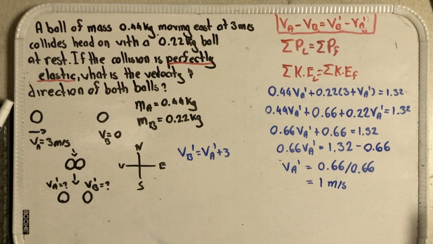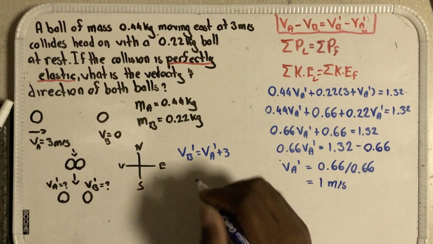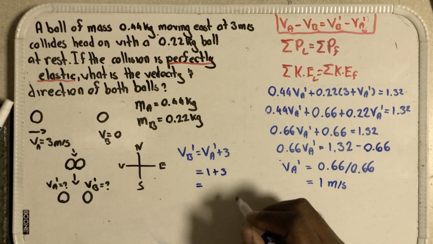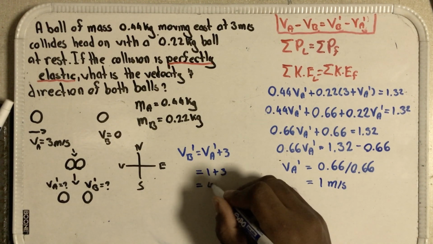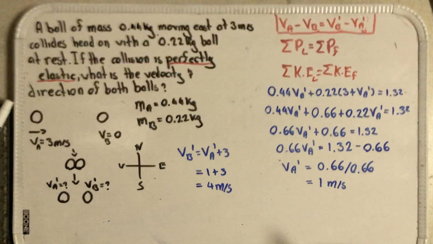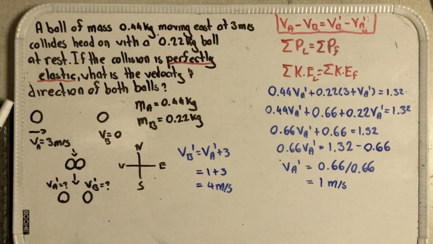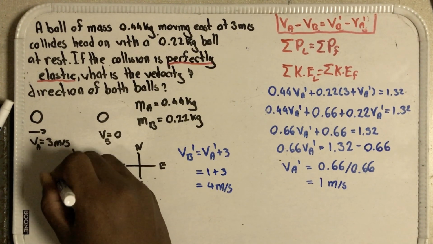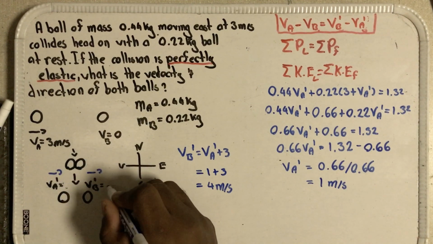So it slowed down. Now if you think about your other equation, we have to find the velocity of B. Plugging that in, B is now moving to the east at 4 meters per second. B is moving faster. So ultimately, both of these end up moving in the same direction.